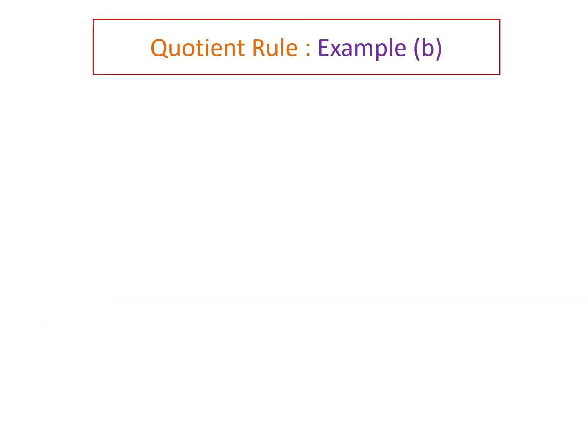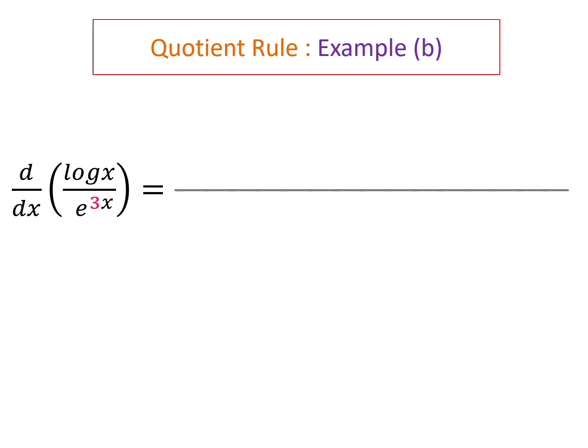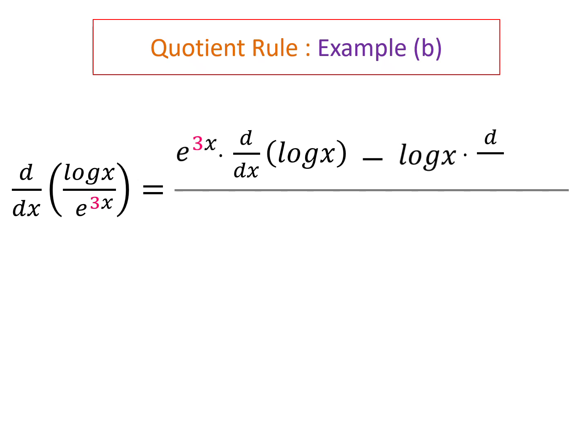Second sum, or example number B. Here also we have got log x in numerator, e to the power 3x in denominator. With the help of animation I am showing so that you can remember the formula. This is very confusing formula.